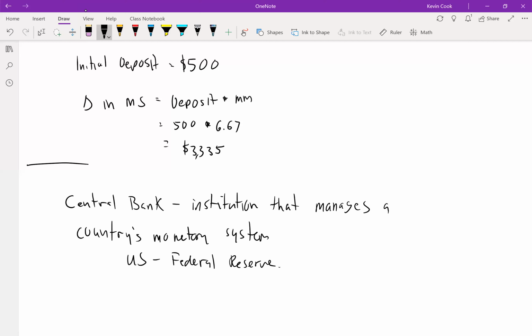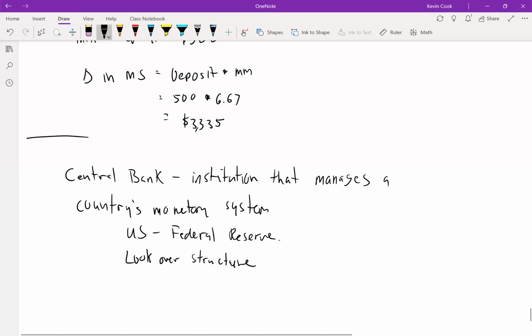If we think about the structure of the Federal Reserve, we can look over the structure, but keep in mind there are 12 regional banks.